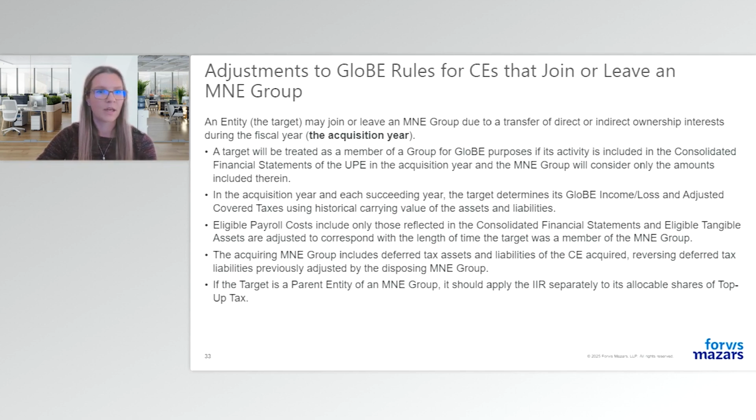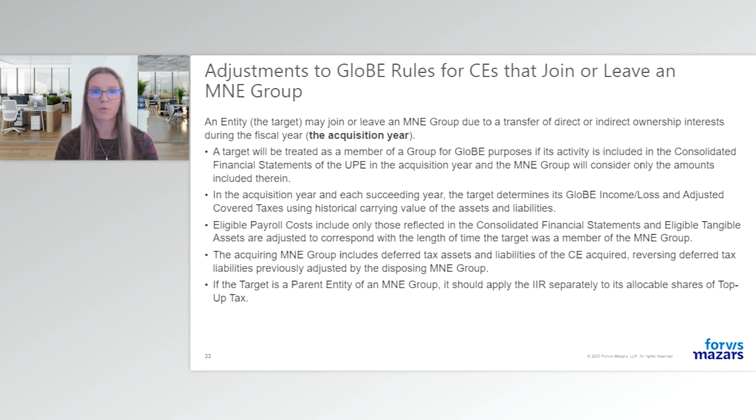The third bullet here: eligible payroll costs are going to include only those reflected in the consolidated financial statements, and eligible tangible assets are going to be adjusted to correspond with the length of time that the target was a member of the M&E group.